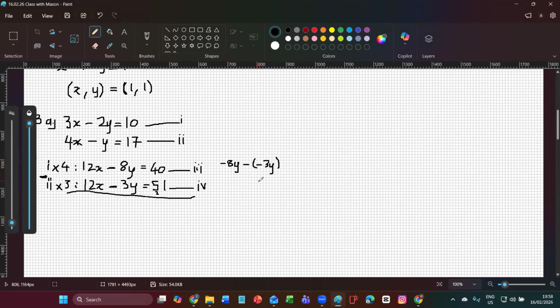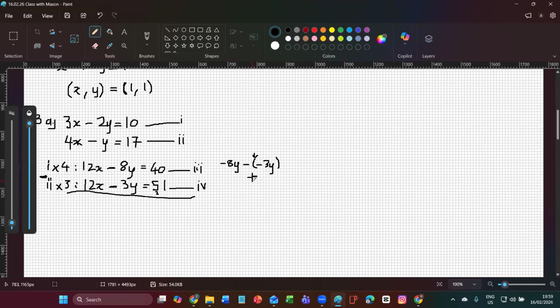Look carefully at what's happening between minus 8y and minus 3y. Does it look as if the minus on the left hand side joins with the minus on the right, and this parenthesis here straightens up and becomes a plus?